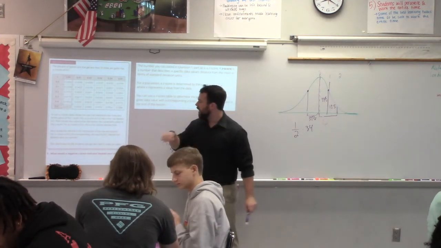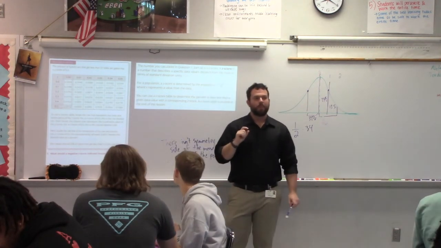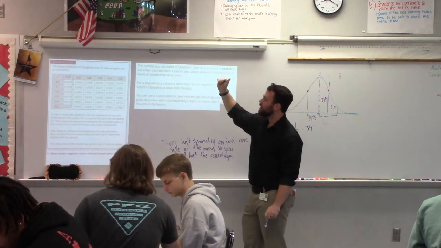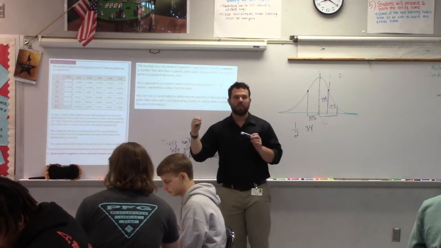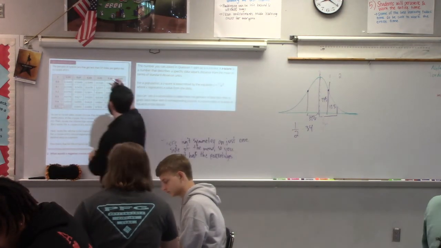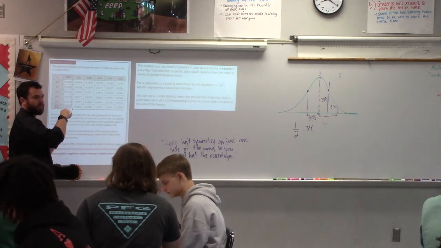A z-score table tells you the area to the left of that z-score. Remember how we just said how many standard deviations for 57?